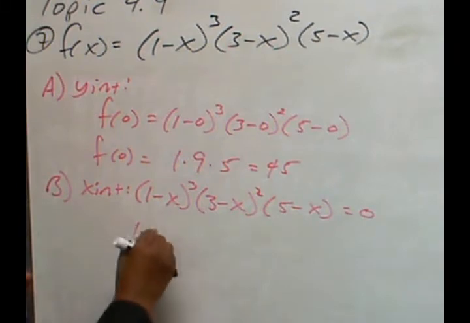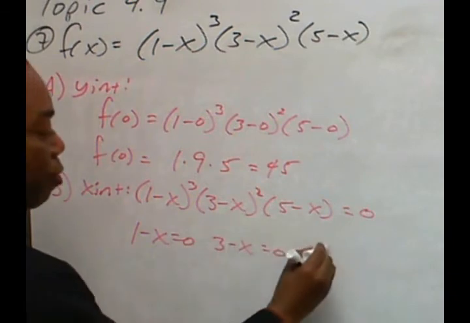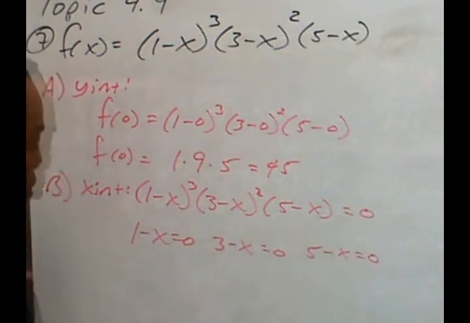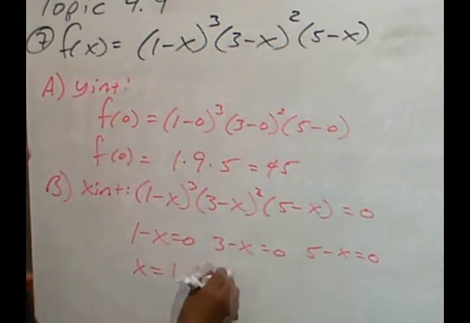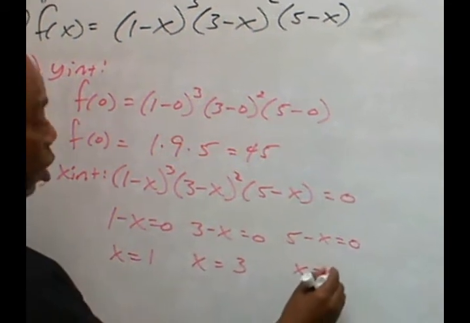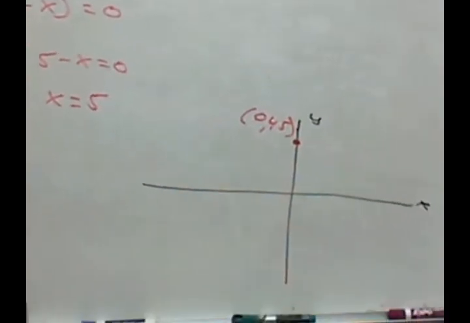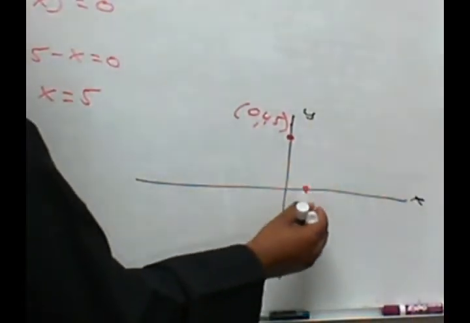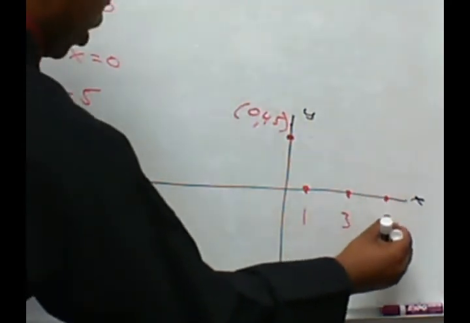So we have 1 minus x set equal to 0, 3 minus x set equal to 0, and 5 minus x set equal to 0. When this is solved, x is 1 here, x is 3, and here x is 5. So these are our x-intercepts: 1, 3, and 5.